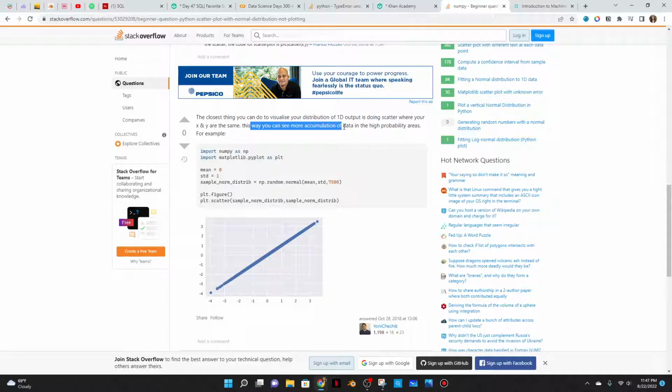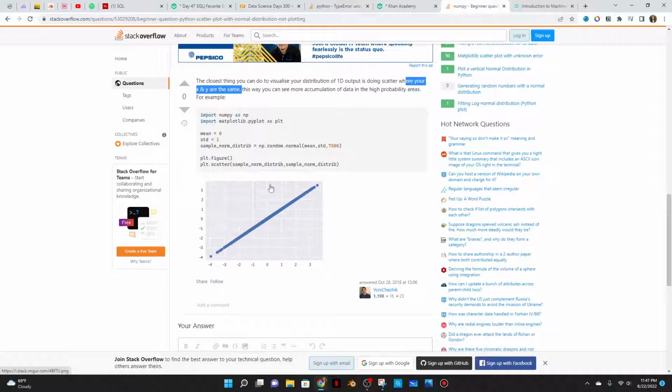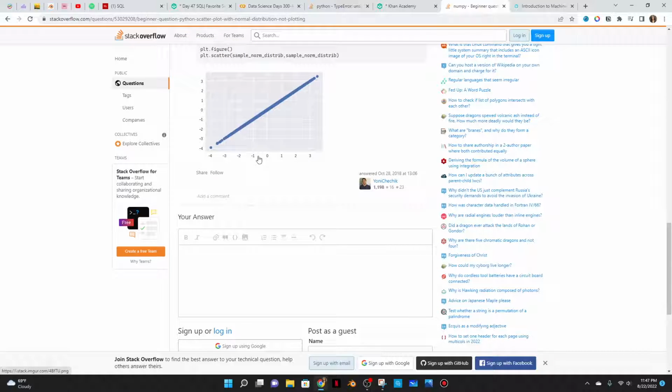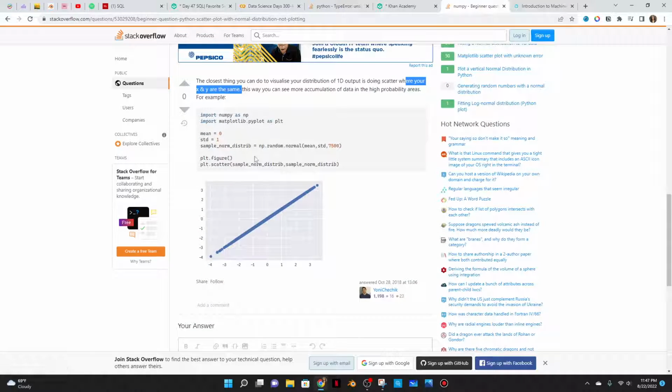This way you can see more accumulation of data in the high probability areas. That's the thing. That is the thing. Why do they have to be the same? I just don't understand the logic behind them being the same.